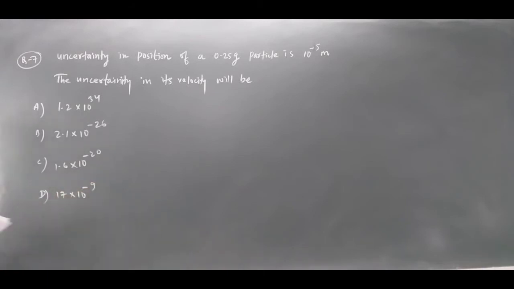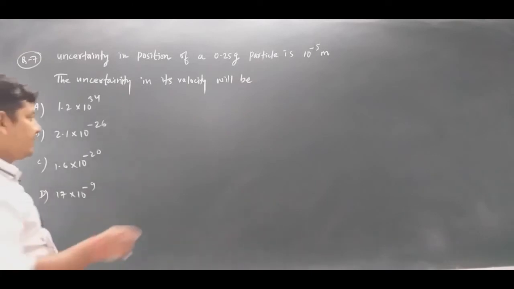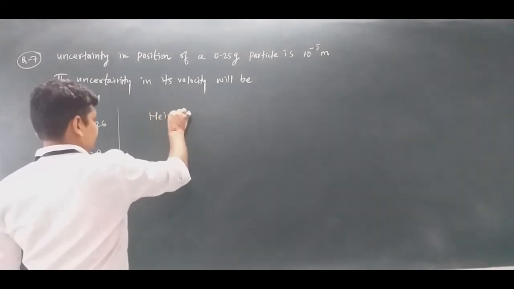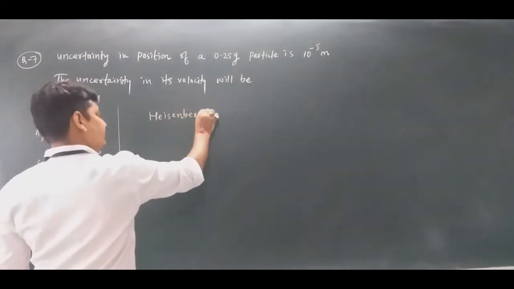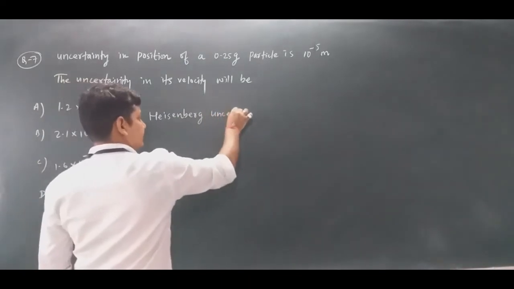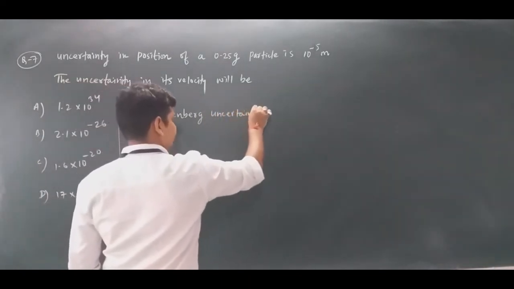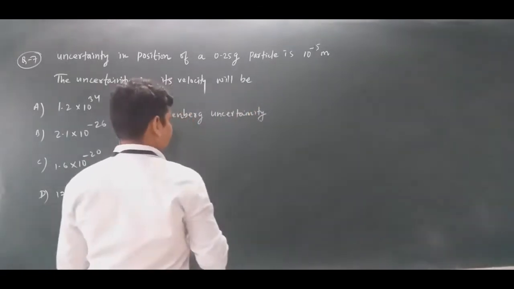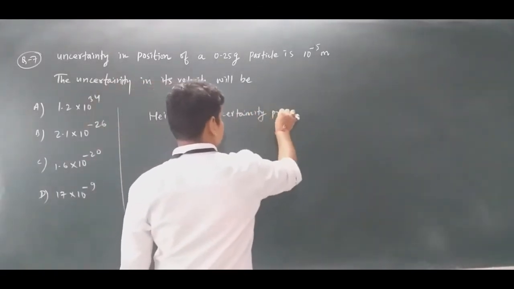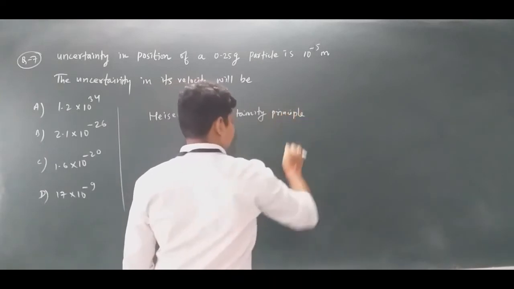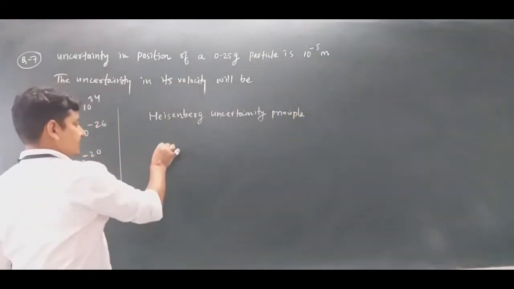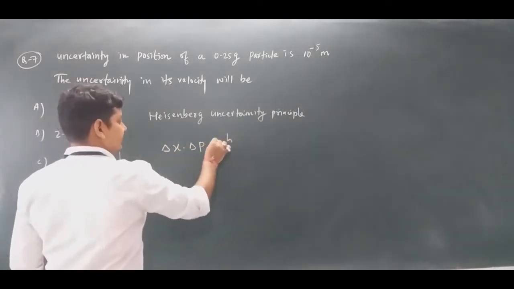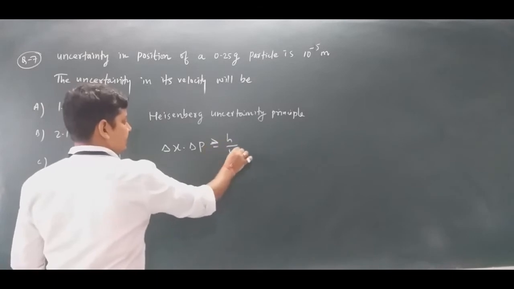How to solve the question? Actually, the question is from the Heisenberg uncertainty principle, according to which delta x into delta p should be greater than or equal to h by 4 pi.